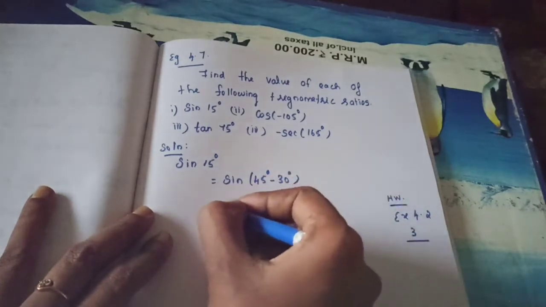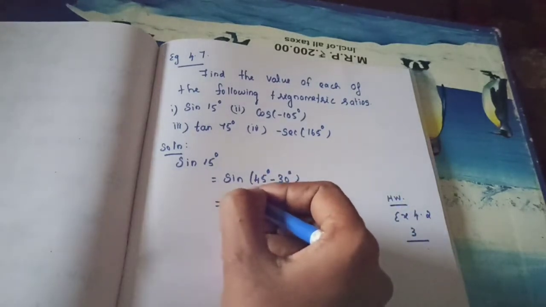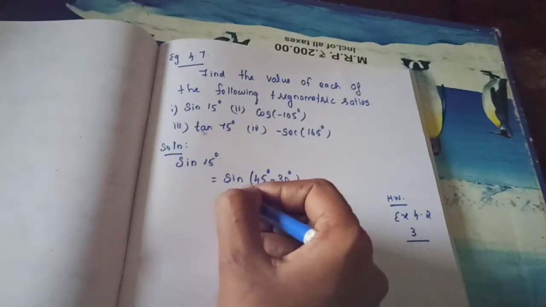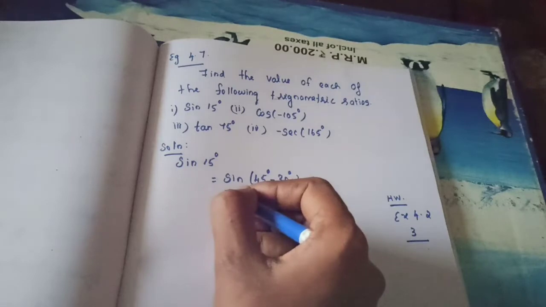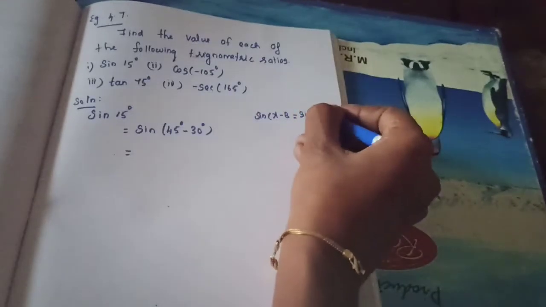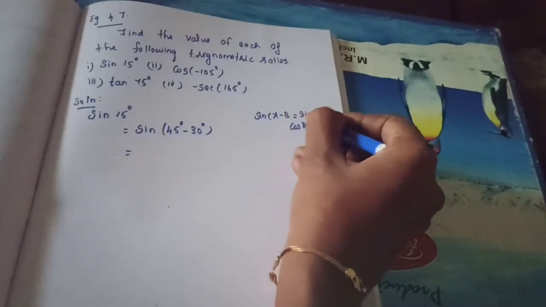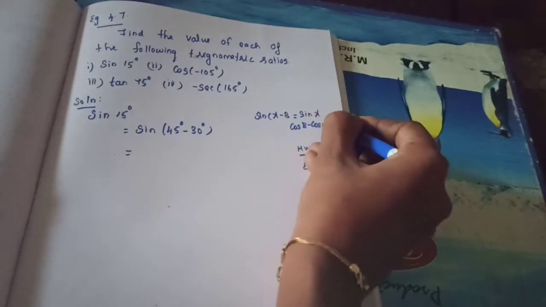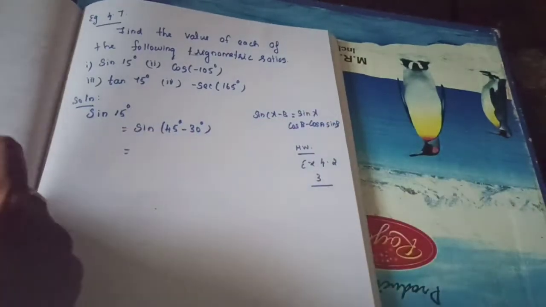So that's equal to sine A minus B. You can use the formula here. What's the formula for sine A minus B? If you need, write it one time. Sine A minus B is equal to sine A cos B minus cos A sine B. You can use this formula here.